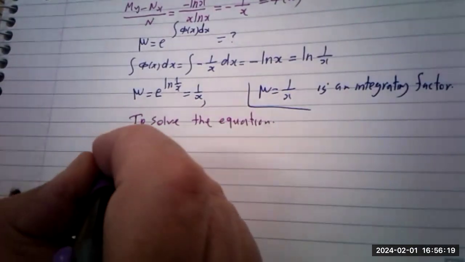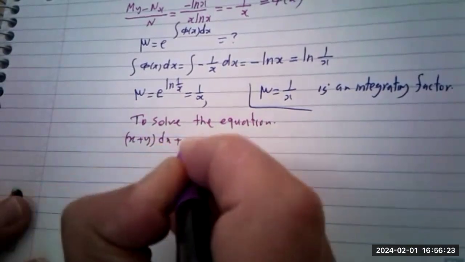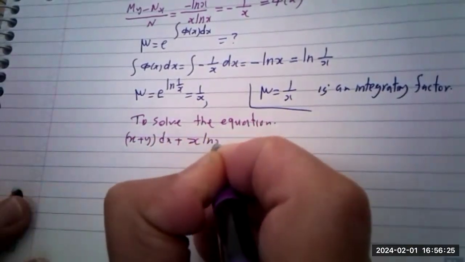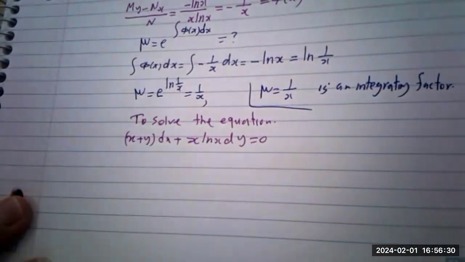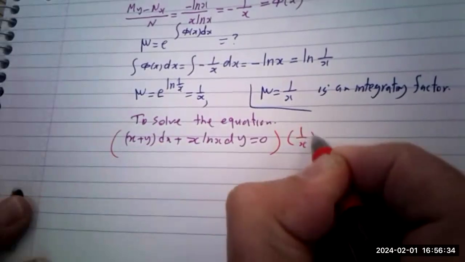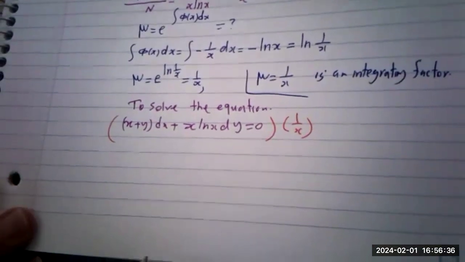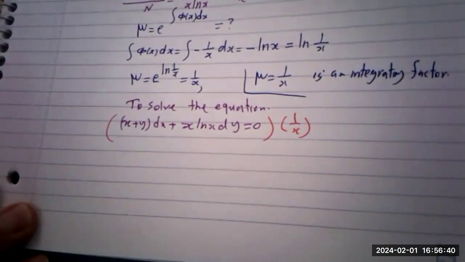So I repeat the equation: (x plus y) dx plus x ln x dy equal to 0. Multiply both sides, term by term, by 1 over x. Start multiplying.